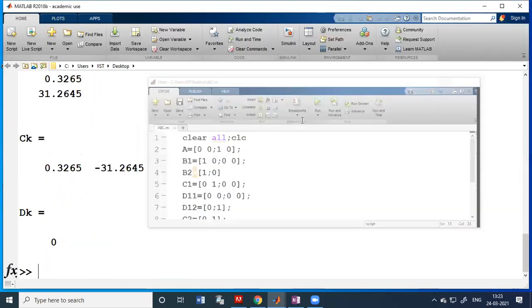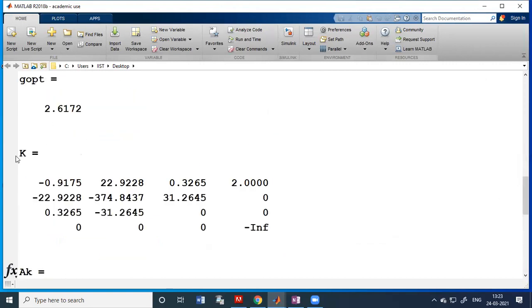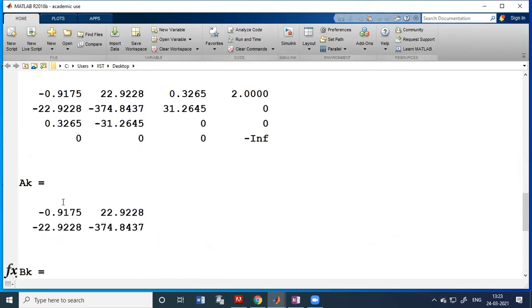So you see now, this was the K. The first two rows and two columns correspond to the A matrix of the controller, AK. Renu, Priti, are you with me? Chaitanya, Srinivas, are you there? Yes, sir. So the first two rows and first two columns of this K matrix will be the A matrix for the controller: minus 0.9175, 22 point blah blah blah, minus 22 point blah blah blah, minus 374 point blah blah blah.